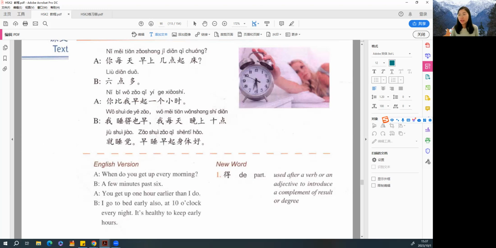So we always follow the verb that we are going to describe with good or bad, early, fast, slow, warm, cold, and so on. We can use a lot of adjectives to describe this verb. So that's the usage in this lesson.